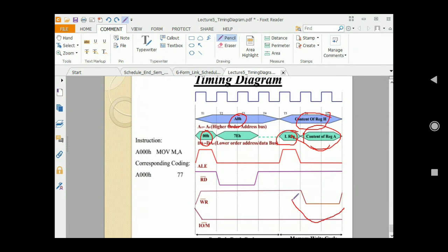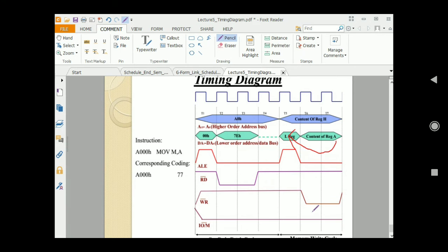This is not step by step. There is no step-by-step marking in this, because every instruction has its own timing. You did not draw this yourself, this is not manual. That is already given by some instrument for analysis of this particular instruction; the timing diagram is already given for that instruction. So always remember this, because the content of the register is going to be written in this particular memory register.